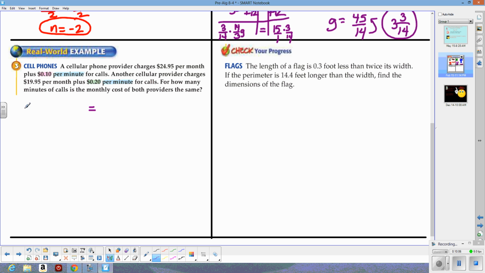So the first provider is $24.95 a month. Plus 10 cents per minute. 10 cents per minute would look like that. And the other one is $19.95 plus 20 cents per minute.